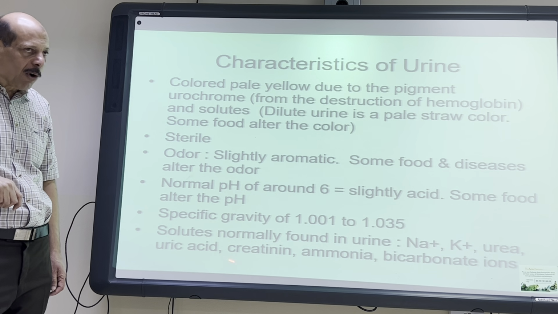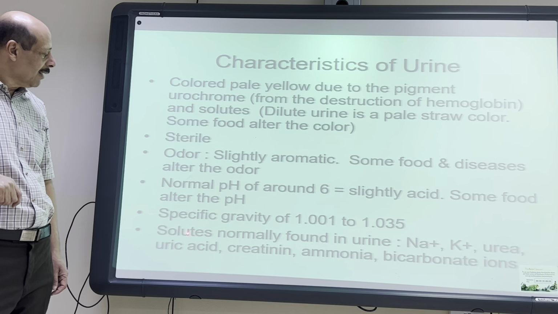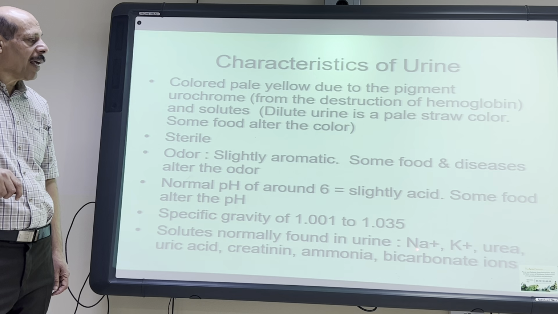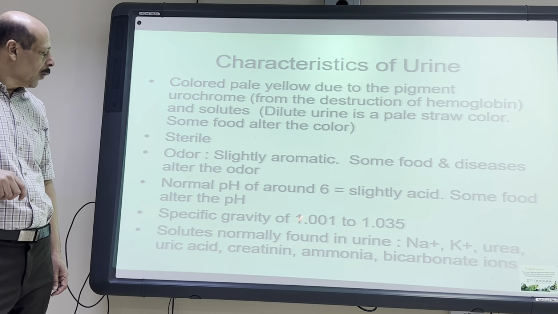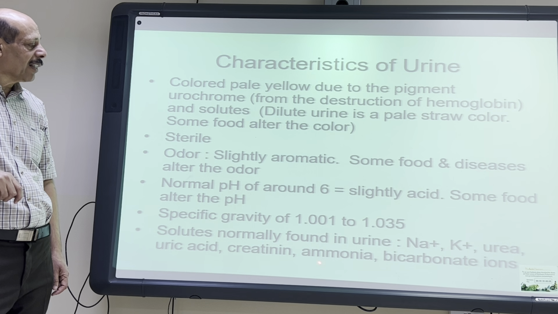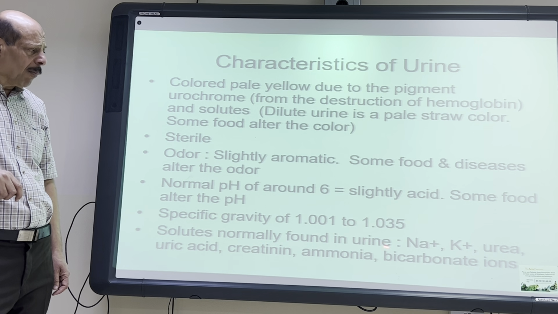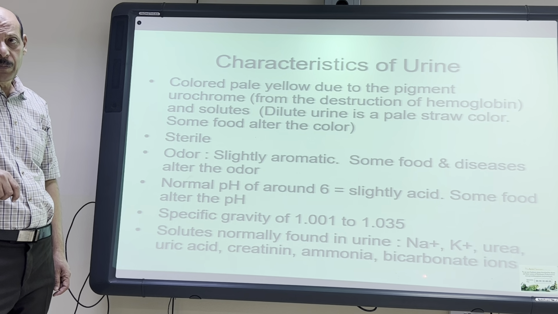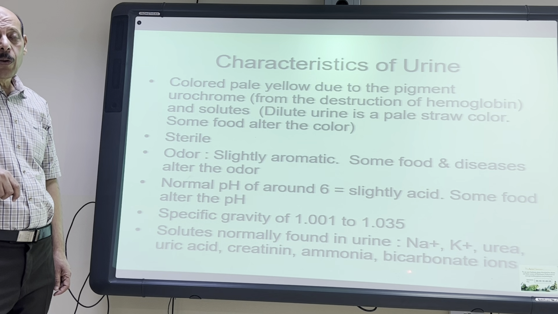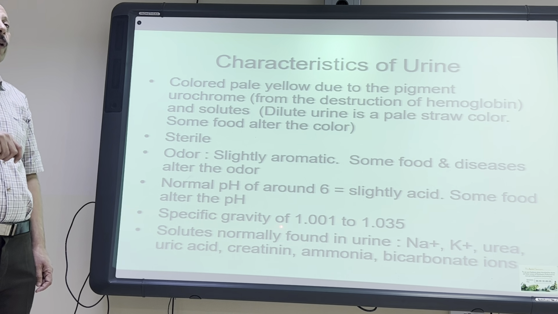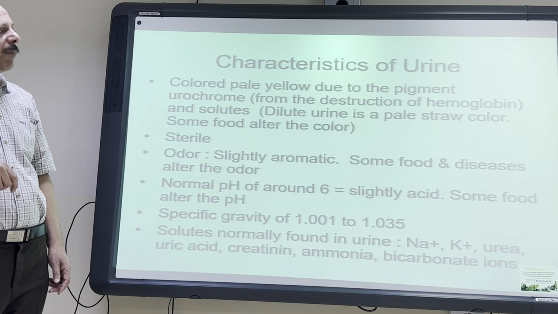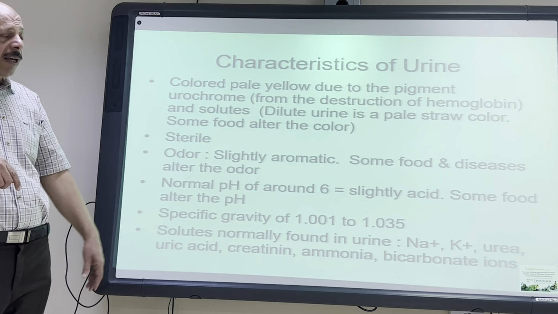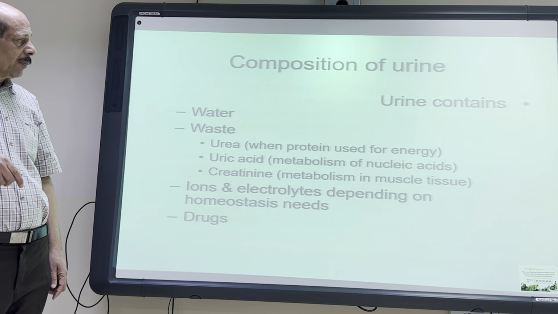It is mostly water, and in that water there is sodium, potassium, urea, uric acid, creatinine, ammonia, bicarbonate. Those are the main components of the urine. There are other components which might be there, but those are the main components.